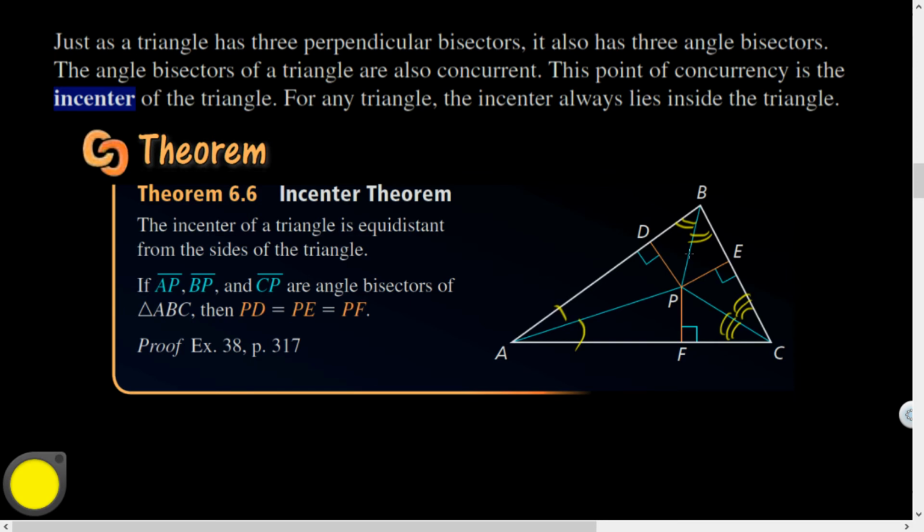So these blue segments in my sketch are all angle bisectors. There's a point of concurrency at P called the incenter, and they are saying it is equidistant from the sides. That means, because we measure distance perpendicular to a line, that's why these are labeled as perpendicular, that these are all equidistant.